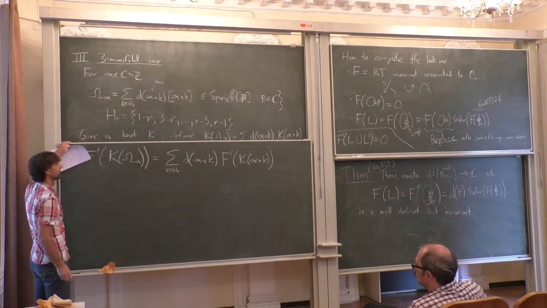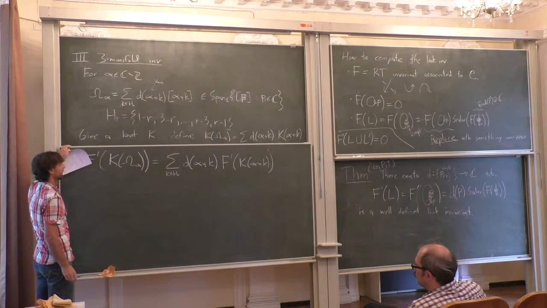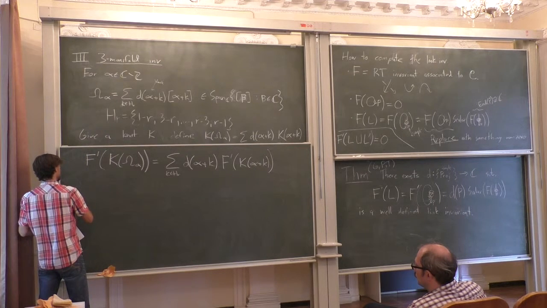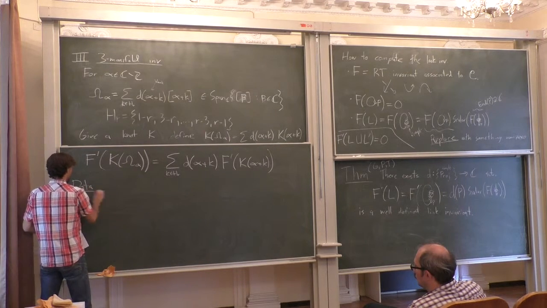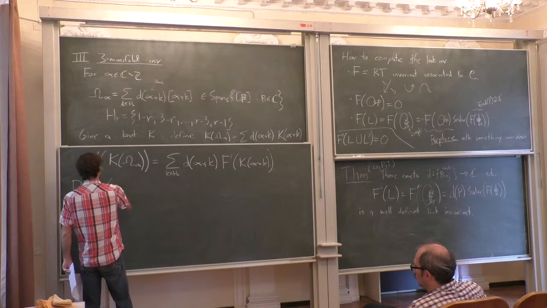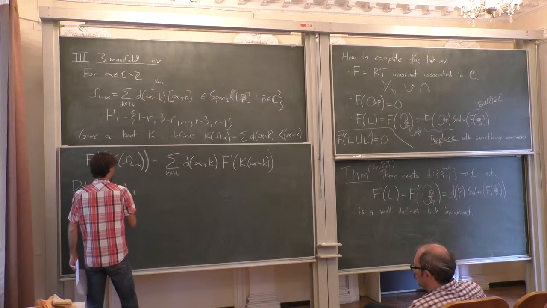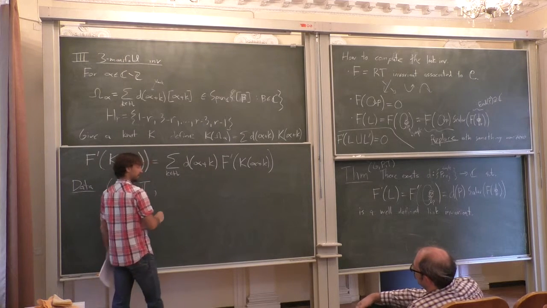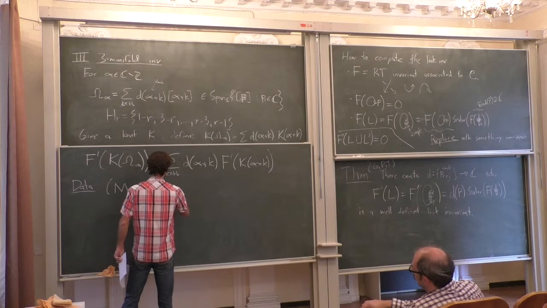Okay, so now, the data of the three manifold invariant. I need more than just the three manifold. So I need M. I want a link inside M, and I want a cohomology class.